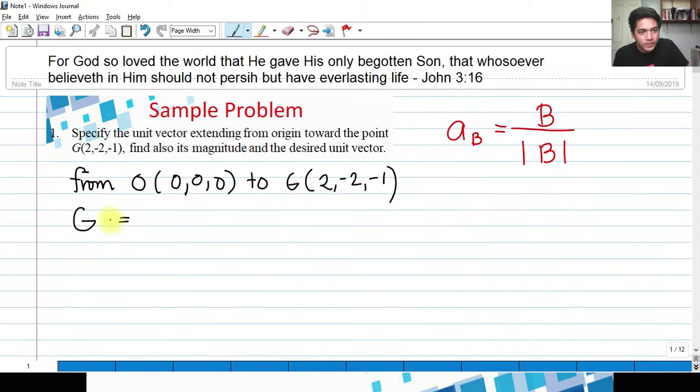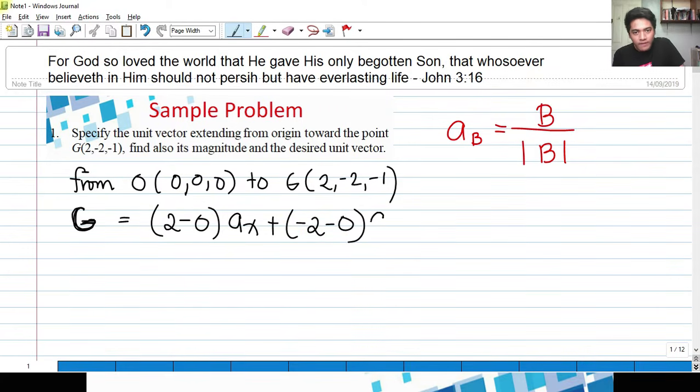Therefore, the vector G, I'll try to write this in boldface. Vector G is actually what? Terminal point 2 minus 0, terminal minus initial, multiplied by the unit vector ax, plus for y, -2 minus 0 times the unit vector ay, plus lastly -1 minus 0 times az.